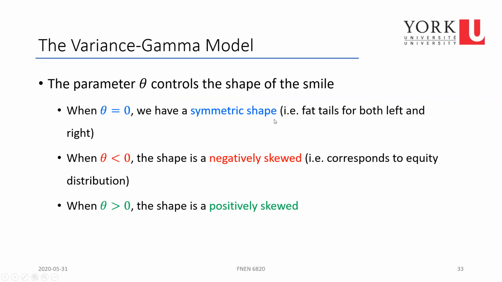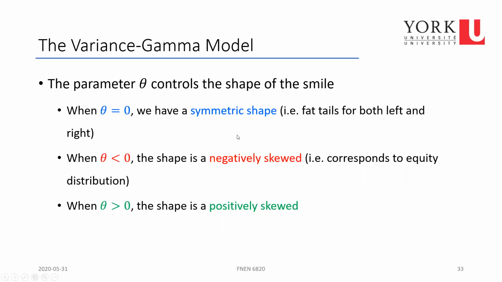Then both the left-hand side and the right-hand side will be a little thicker, or we call that fat tails on both ends. If you're dealing with a currency market, you want to force this to be 0.